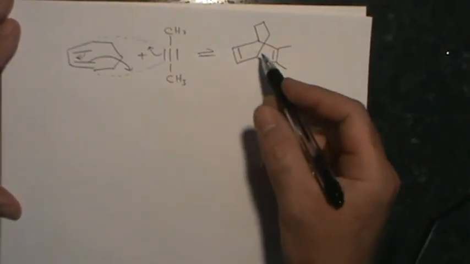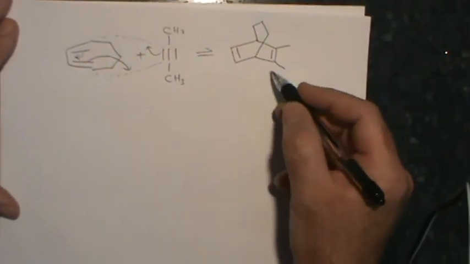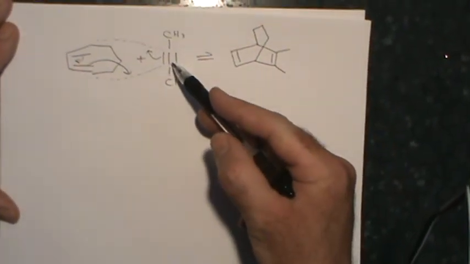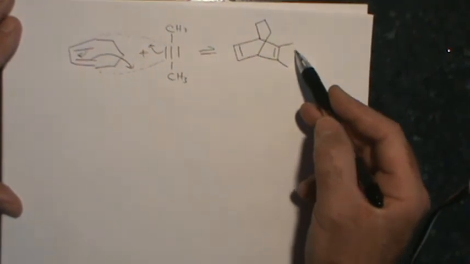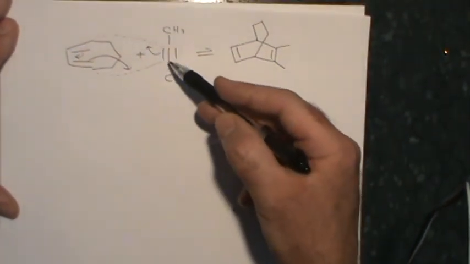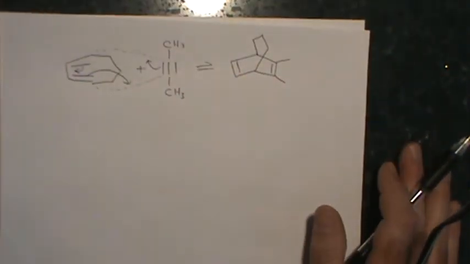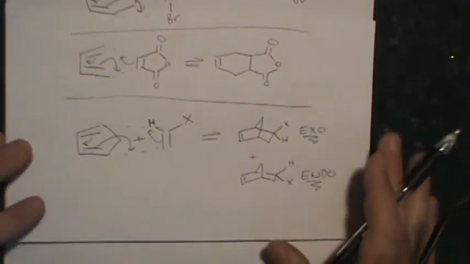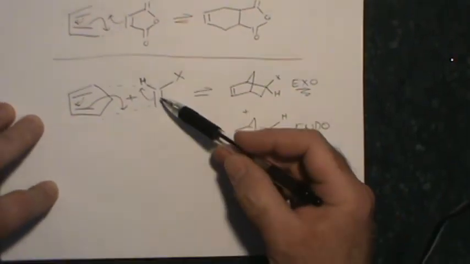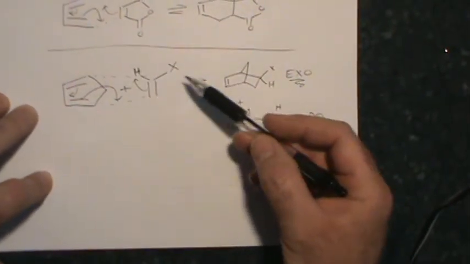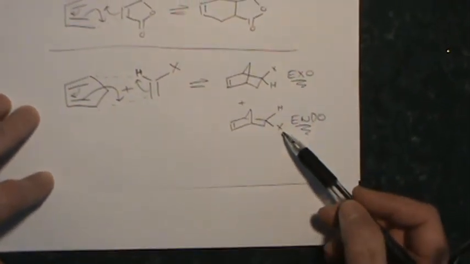So I wanted to point out this example because there is no endo or exo product when you start with an alkyne. Those methyl groups, the substituents on our dienophile, are not pointing up or down, they're flat. That's different than the one we just looked at, where we had an alkene as the dienophile and the X was either up or down.